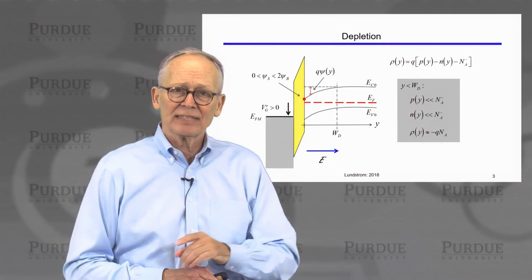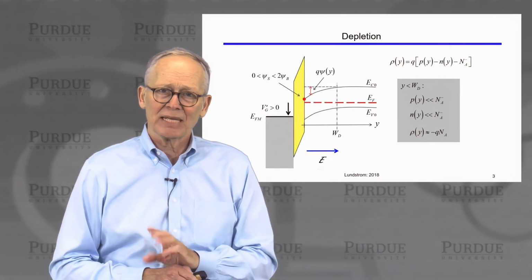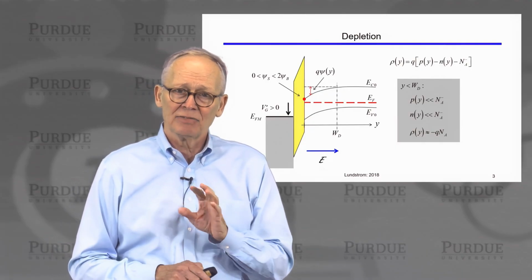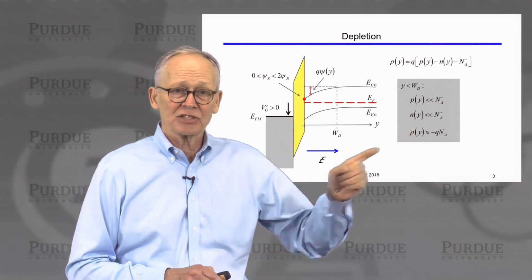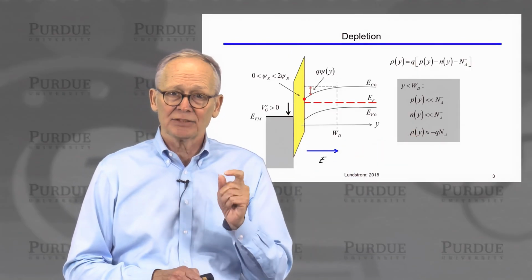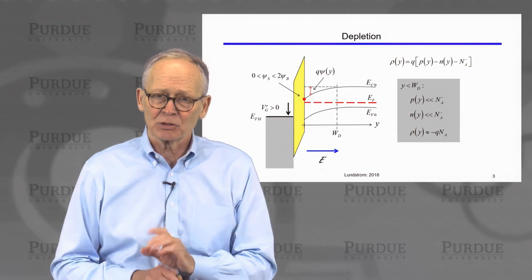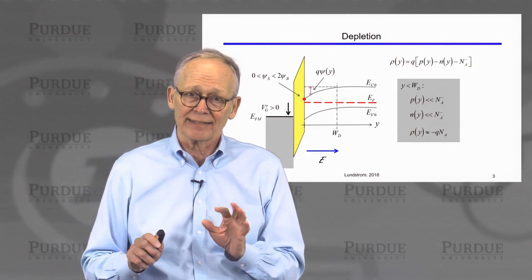The number of electrons is also negligible because we haven't bent the conduction band down far enough to invert the semiconductor. So the space charge density is very simple. It's just minus Q times the doping density. We'll assume that all of the dopants are fully ionized.